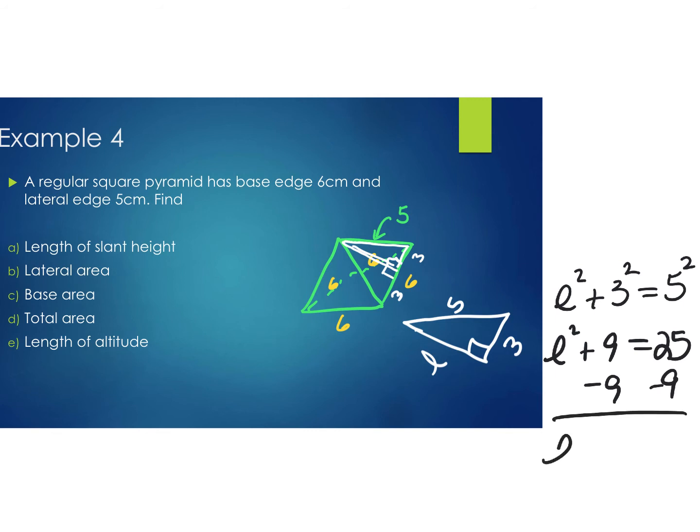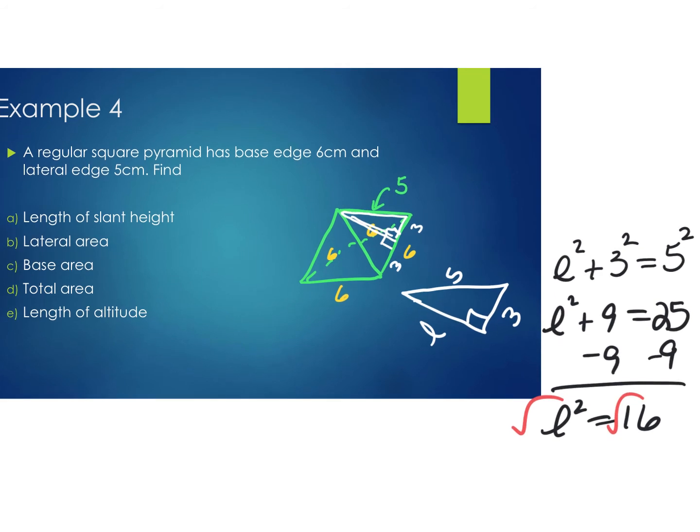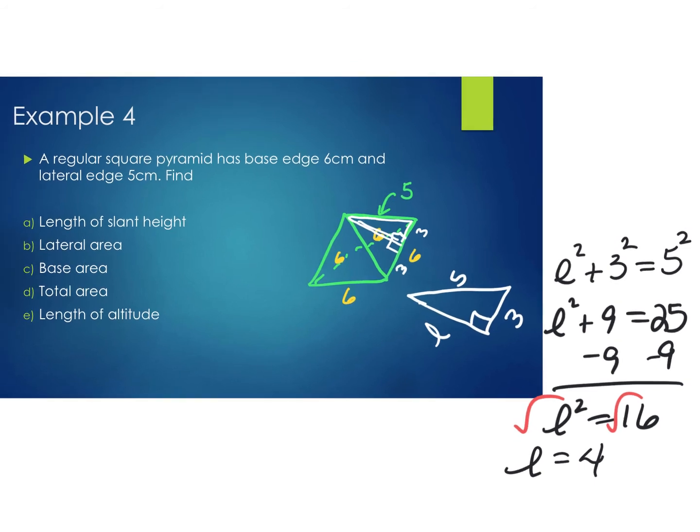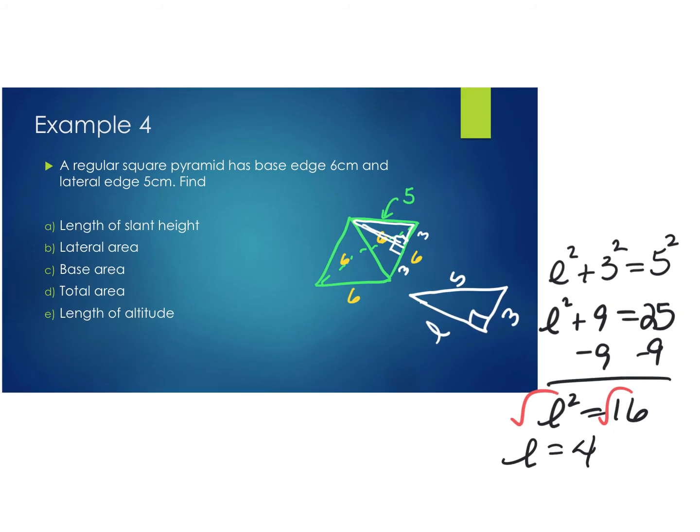Subtract the 9. L squared equals 16. Square root it. And my slant height is 4, which is the first question. So the slant height equals 4. And again, the slant height is always indicated as an italics letter L.